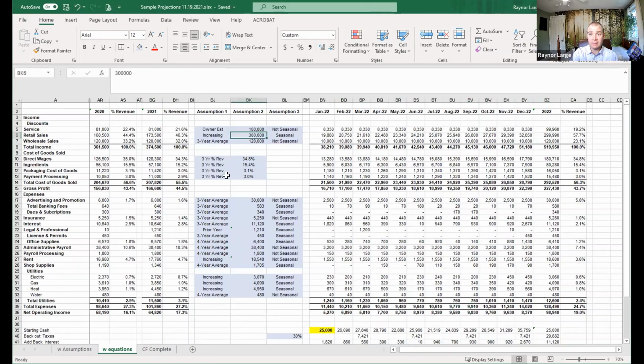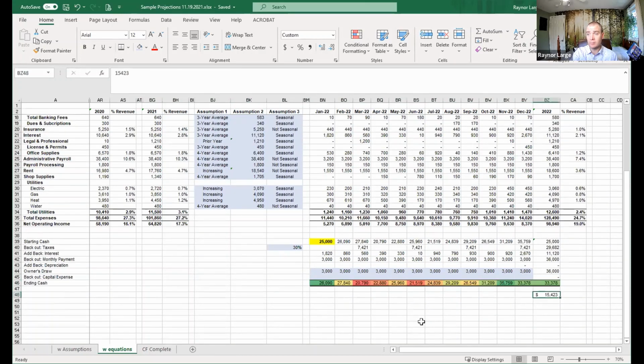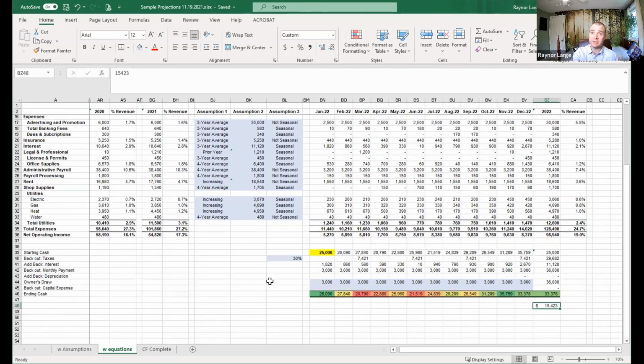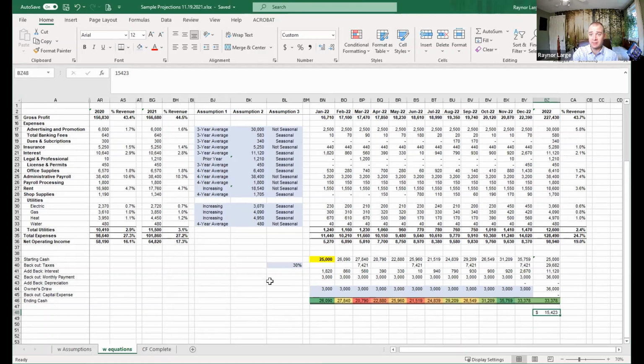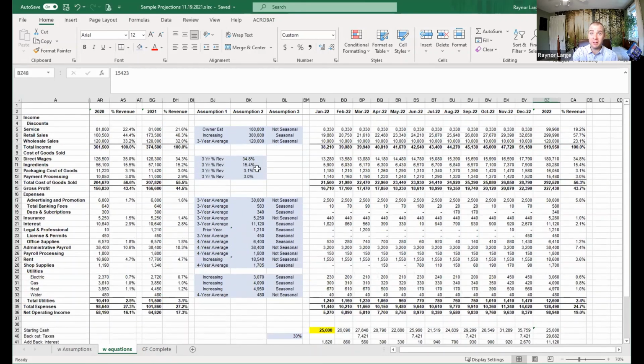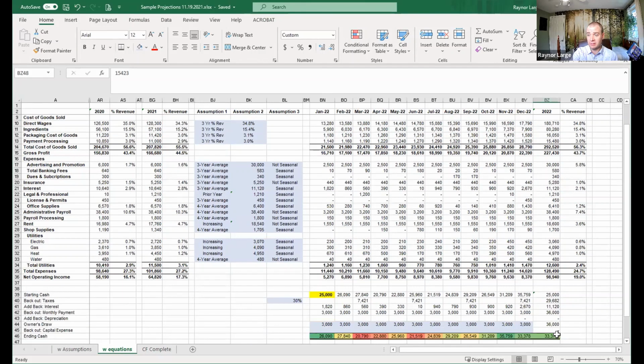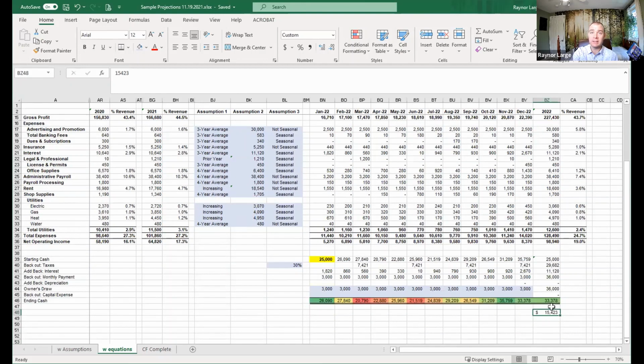So despite the fact that I'm adding $130,000 to my retail sales, my cash position at year end goes up 18,000. That's not great, right? That's a lot of work and a lot of effort and a lot of new sales to only make 18,000 more.